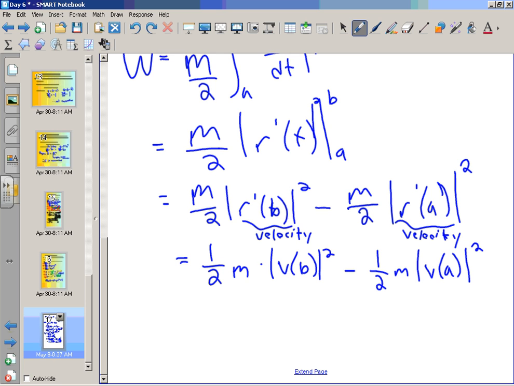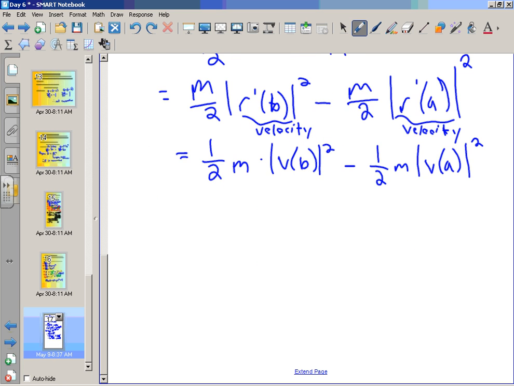Not quite momentum. So kinetic energy is equal to 1/2 m v squared.